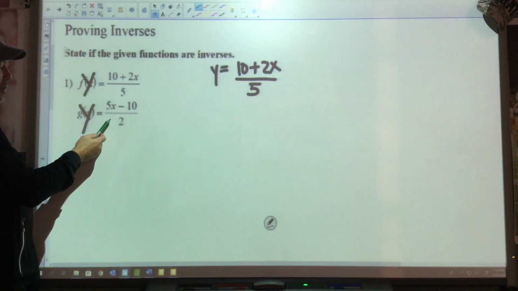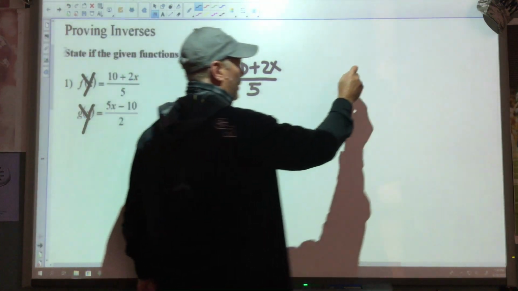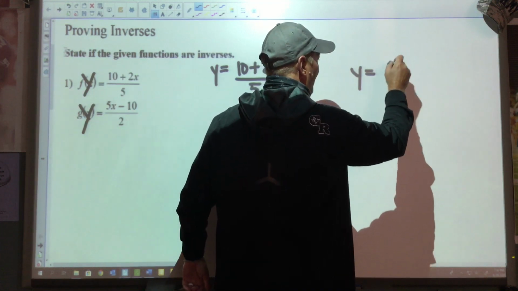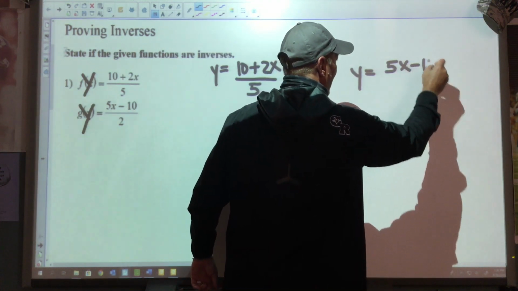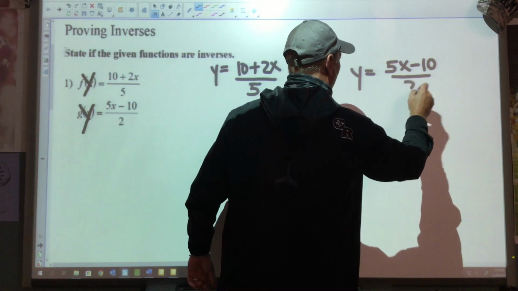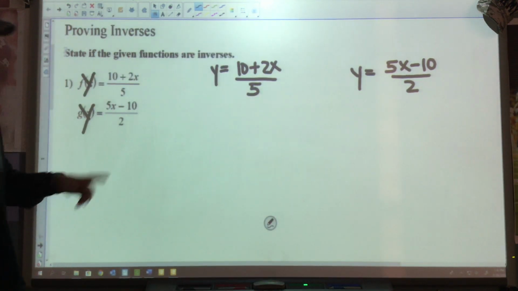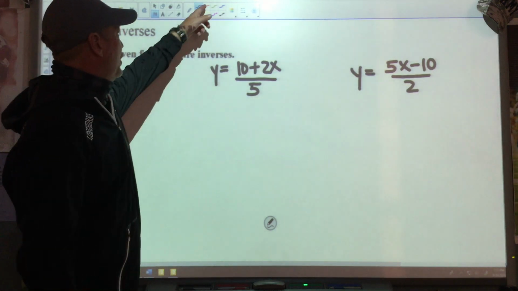We're going to copy this one and say that y equals 5x minus 10 over 2. There's our two functions.